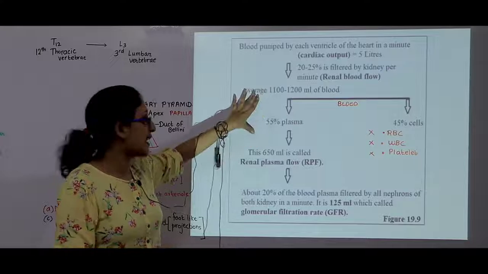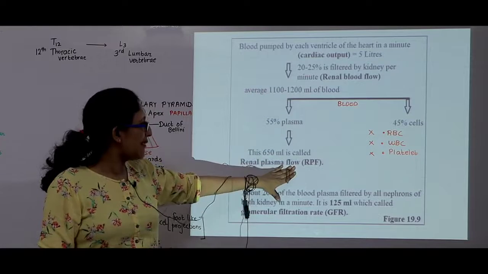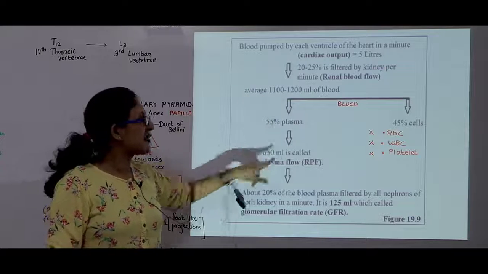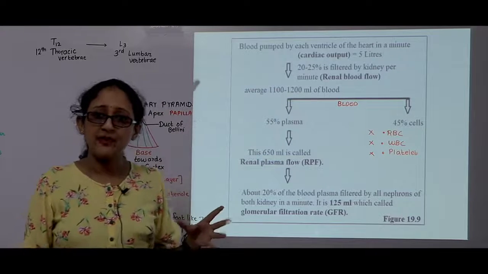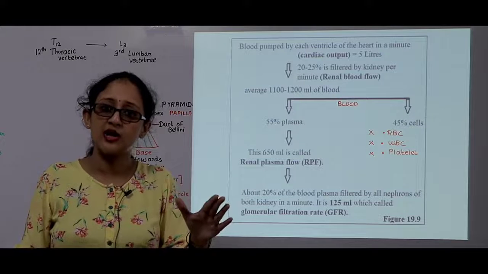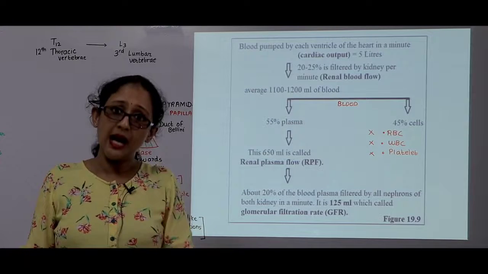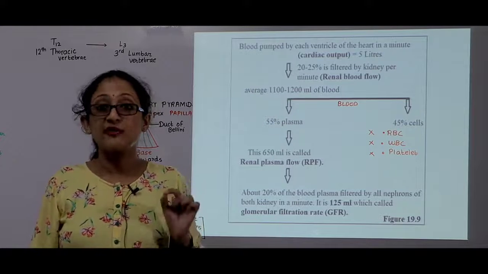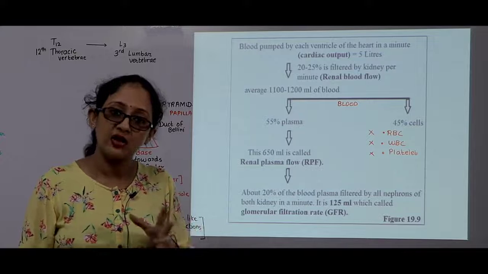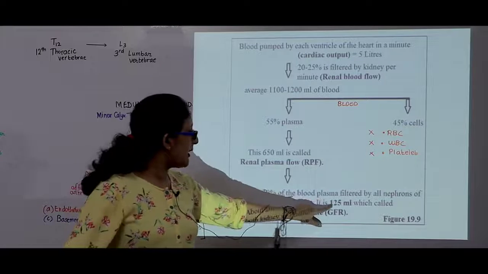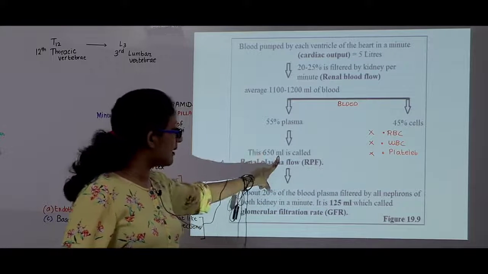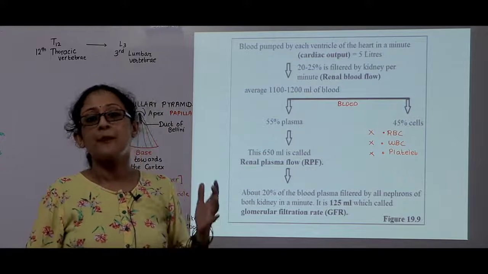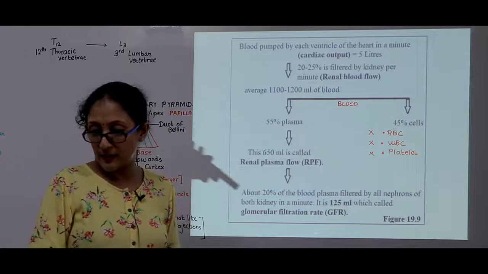So what is the plasma fraction? The renal plasma flow is 55% of this, only 650 ml. So imagine this much plasma is available for filtration, but actually how much gets filtered is only 125 ml. So what is filtration fraction? Filtration fraction is 125 ml upon 650 ml, that is approximately 1/5, that is 20%. Okay, so this table is important.